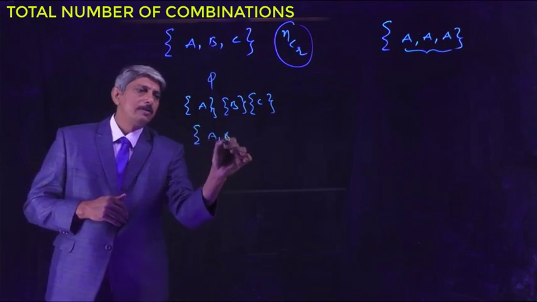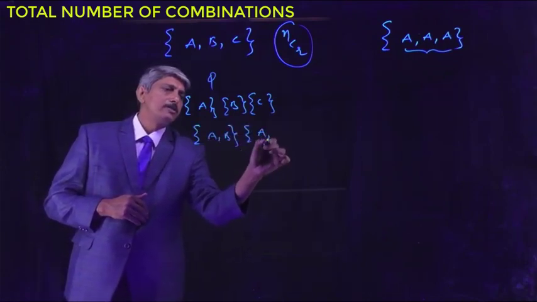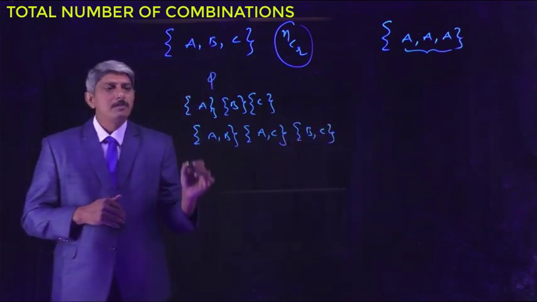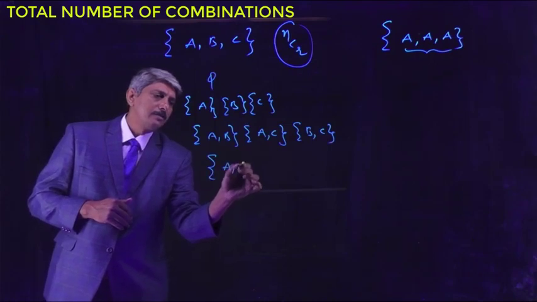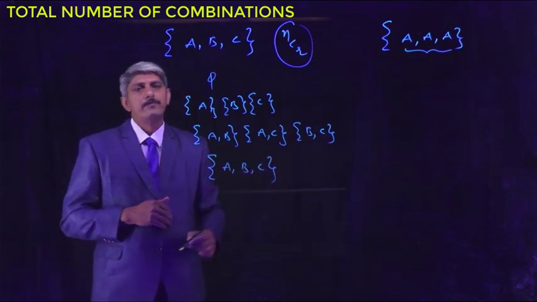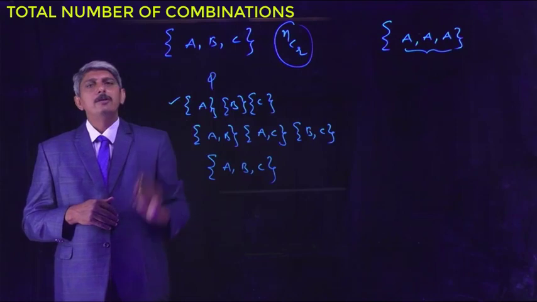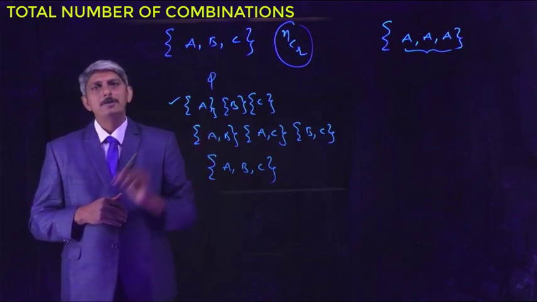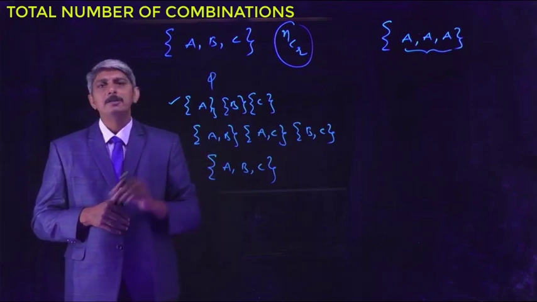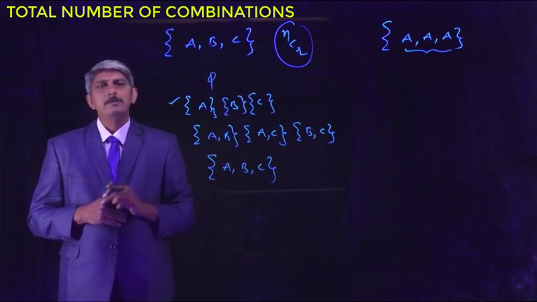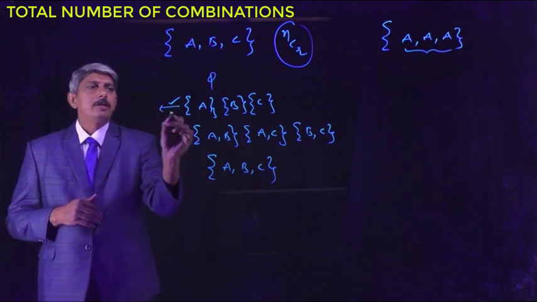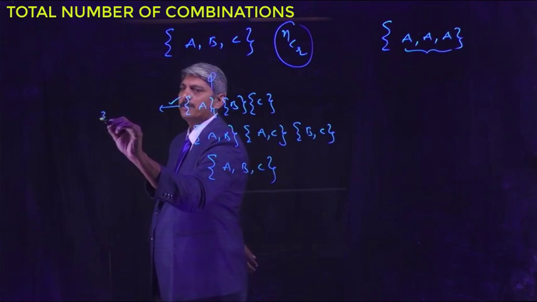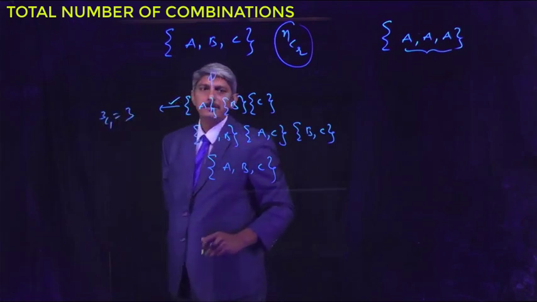Set A, B, set A, C, set B, C. 3 element subsets, set of A, B, C. So there are 3 1 element subsets, 3 2 element subsets, and 1 3 element subset. So the formula to get the number of 1 element subsets is 3C1, which is equal to 3.